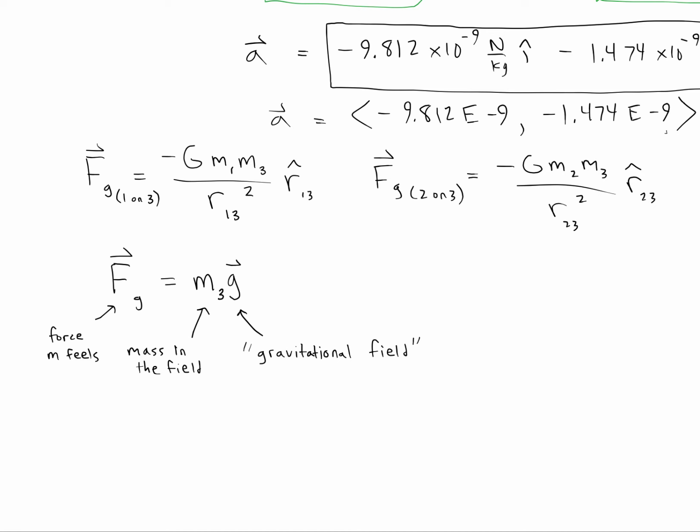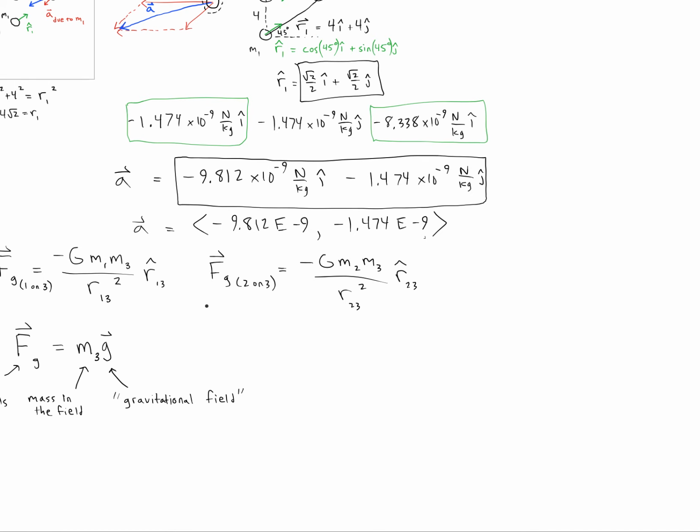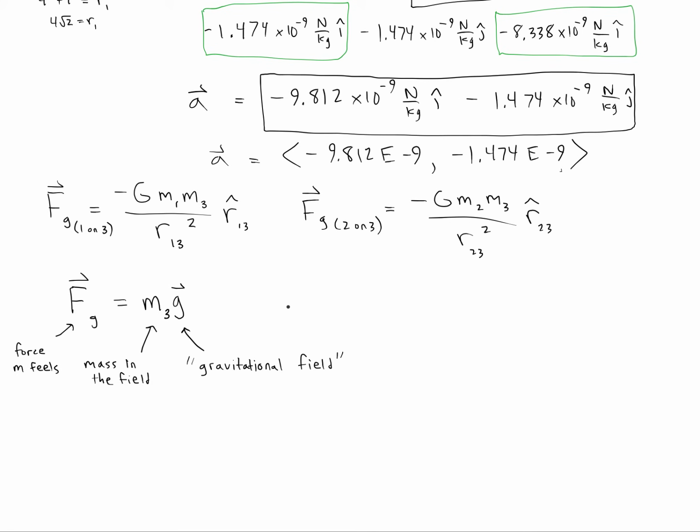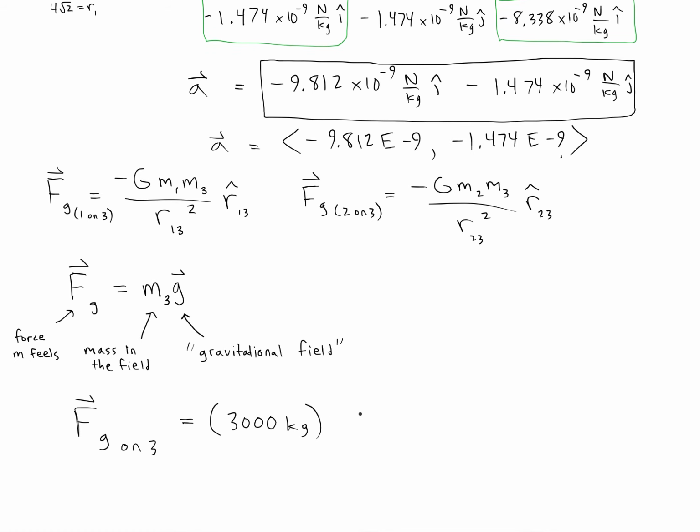Alright, so I'm going to use this formula here to take all the work that I had just done and not have to redo it. All we got to do is say that Fg on 3 is going to be the mass of 3, which was 3,000 kilograms if you look back at the problem. And then we want to multiply by our gravitational field vector. I'll do it in IJ notation.